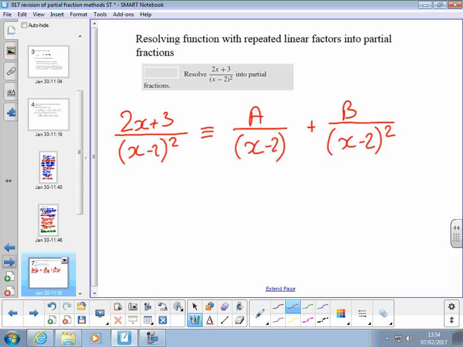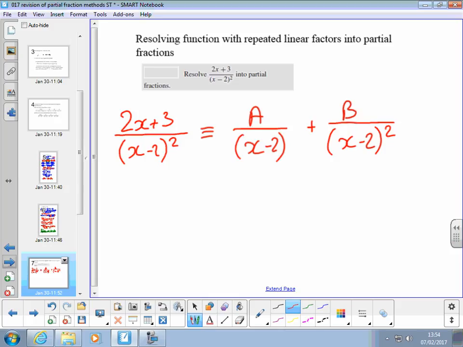And then we want to make the common denominator of that. The common denominator of that is what we started with, isn't it? Yeah.